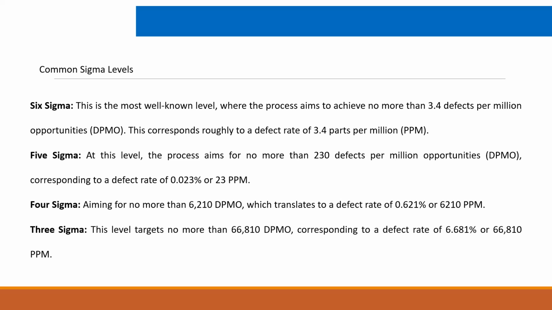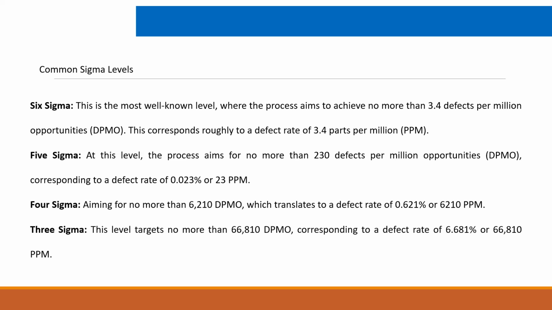So if you divide 230 by 1 million, which is 10 lakh, what is your opportunity? It is 0.023%, or we can say 23 ppm, parts per million. These are the important points that you should know.